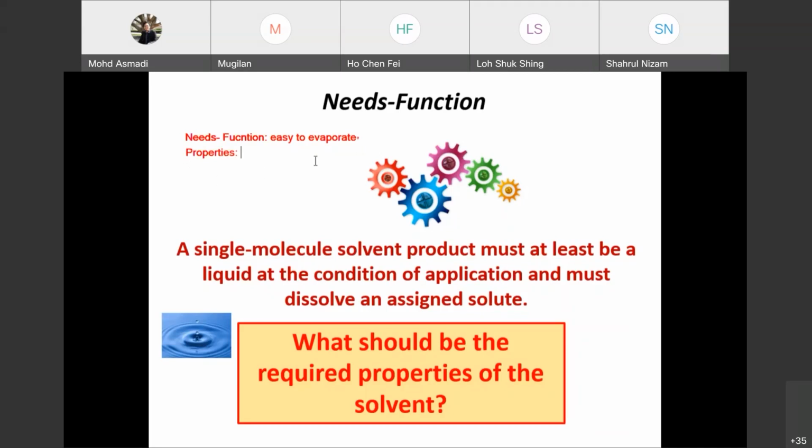Easy to evaporate, so boiling point, or melting point, or flash point. Flash point is more related to flammable. What is the chemical?